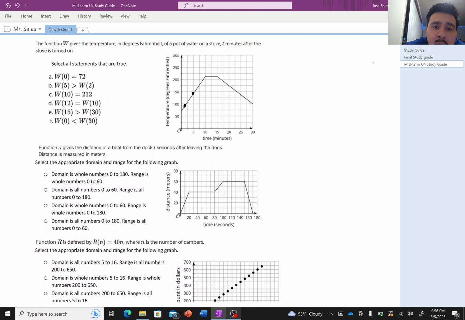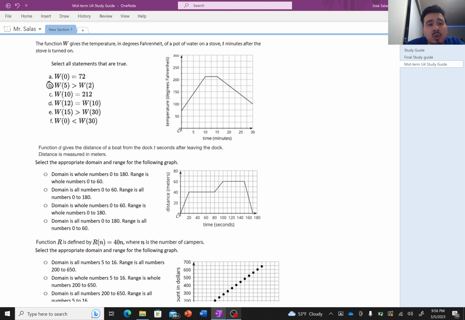So is W of 5 greater than W of 2? That is correct. This is W of 5, while this is W of 2. I know it's greater because on our graph, W of 5 is at a higher place than W of 2. So letter B is correct.